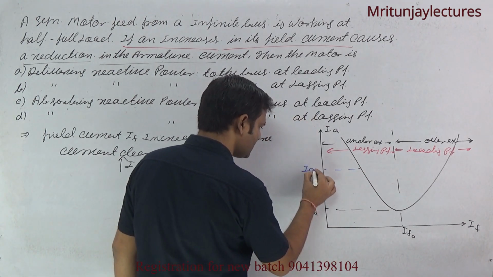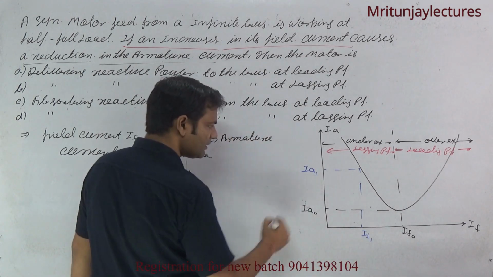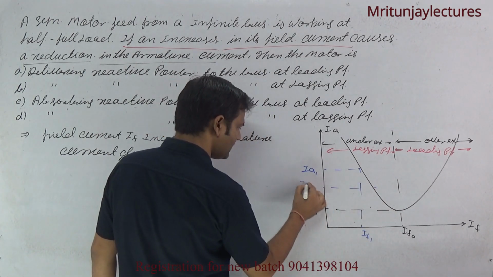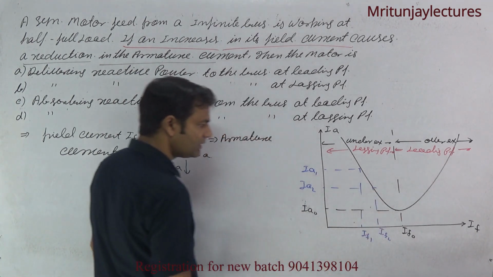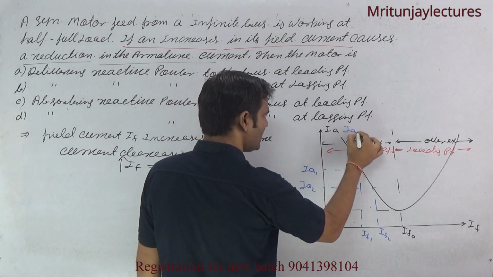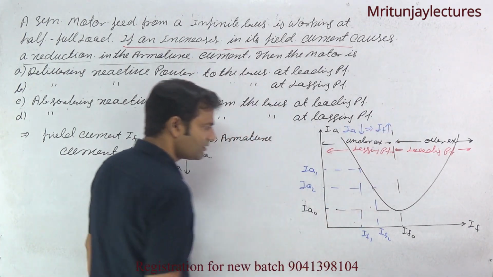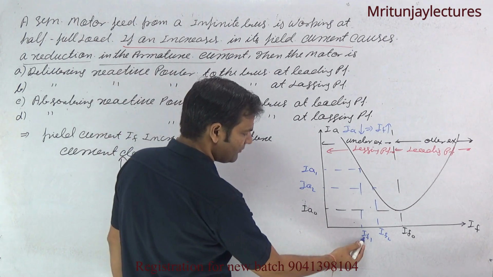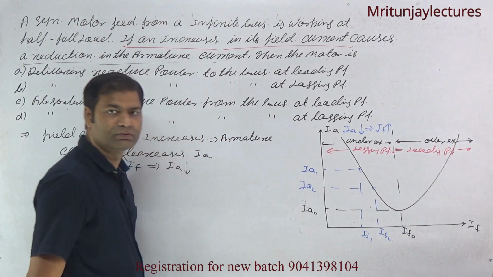Corresponding to IA1, that is field current IF1; corresponding to IA2, what about field current? In this region IA decreases, field current increases. IF1 corresponds to IA1, IF2 corresponds to IA2. Clear?